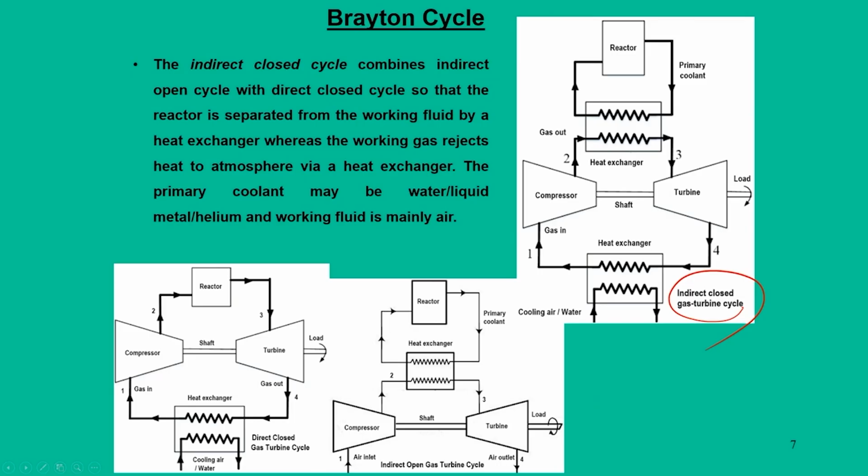We take the thermal circuits from the direct closed gas turbine cycle and the indirect open gas turbine cycle, combine them, and then we get this indirect closed gas turbine cycle. It combines the indirect open cycle with the direct closed cycle, so that the reactor is separated from the working fluid by a heat exchanger, and the working gas rejects heat to the atmosphere via heat exchangers.